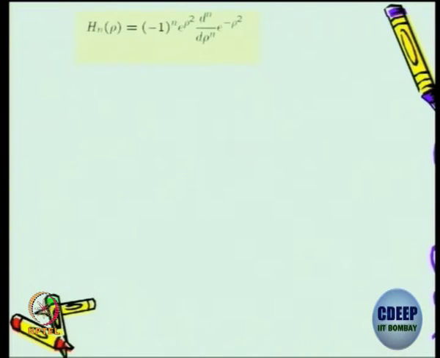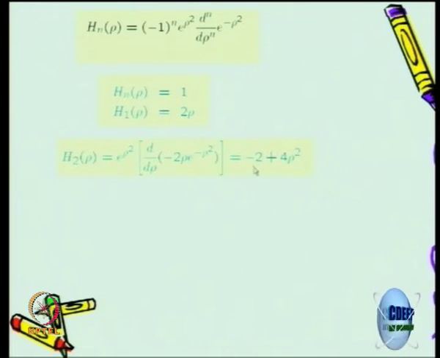So, just to list a few, H0 of rho should be 1, H1 of rho is 2 rho, and H2 of rho will again have only even powers, there won't be any odd powers. So, that is a constant plus 4 rho square and so on.